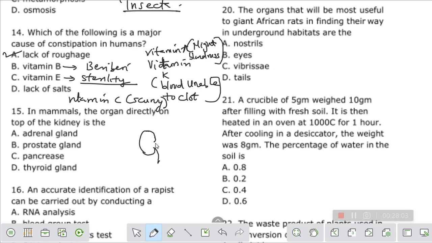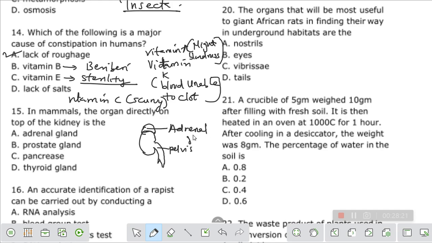That thing we call the adrenal gland. So in mammals the organ directly on top of the kidney is the adrenal gland.